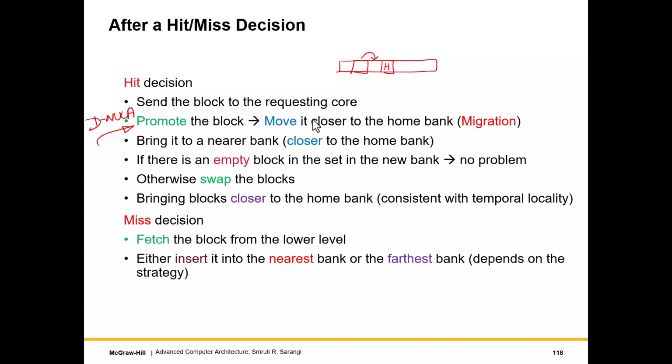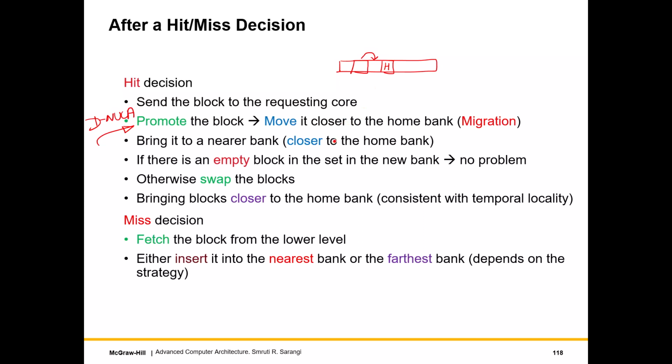So we bring it to a nearer bank which is closer to the home bank, or maybe to the home bank itself. So this is a process of promotion, in the sense that you are bringing it closer and closer to the requesting core, and when it is at the home bank, it is essentially the closest to the requesting core.